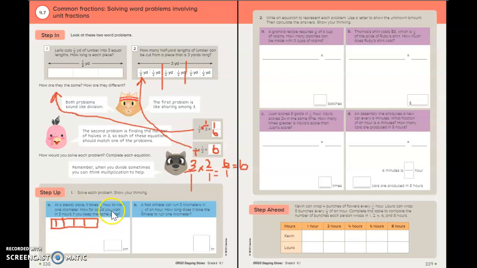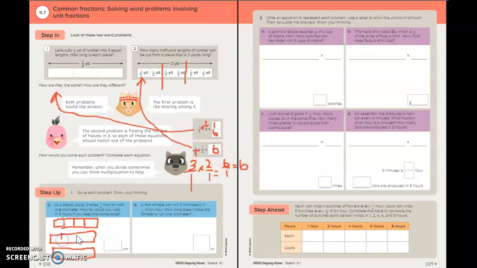Okay, how far could you walk in 3 hours if you kept the same pace? So here, this represents 1 hour. This represents 2 hours. And this represents 3 hours. Now I have to keep dividing them up into fourths. I don't like that I drew that 1 the same color because it looks like I broke it up into fifths, so I'm going to fix that.